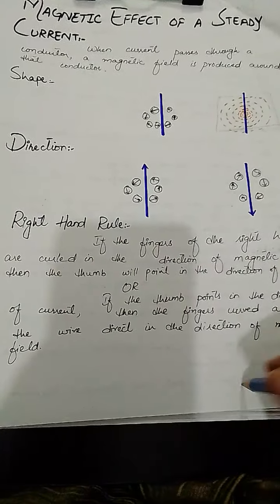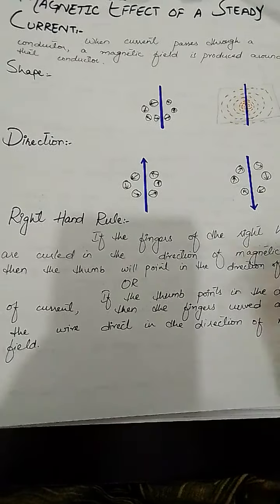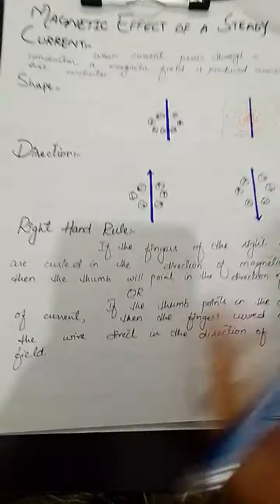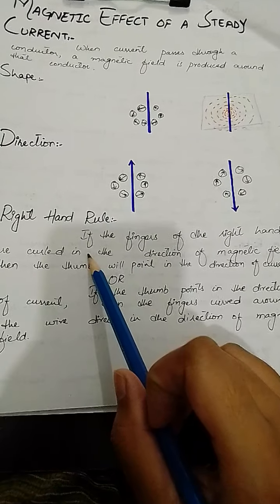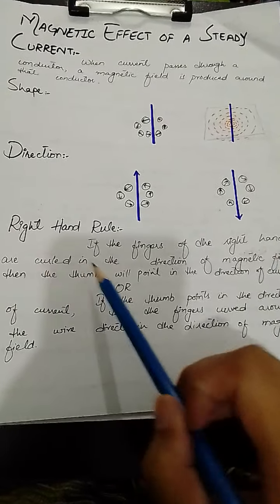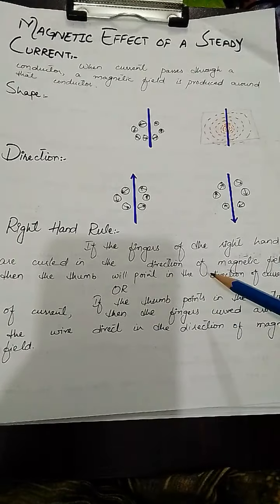The rule used to determine the direction of the magnetic field due to a current carrying wire is the right hand rule. The right hand rule says that if the fingers of the right hand are curled in the direction of the magnetic field, then the thumb points in the direction of the current.